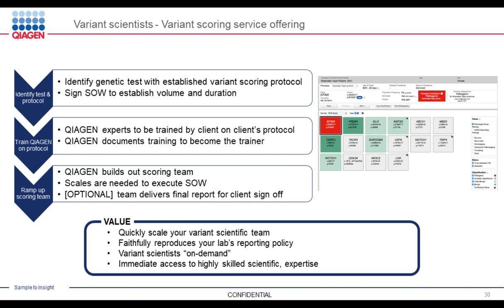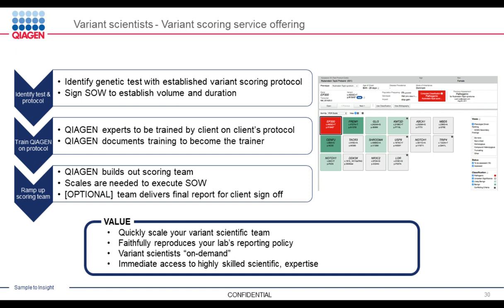We will then train our staff based on your own protocol and your own reporting policy, and then the team will build a variant scoring team that will support your clinical activities, and then deliver a final report for you, for the lab director to sign off. And so the value here is to quickly scale your variant scientific team that faithfully reproduces your lab's reporting policy. It's essentially variant scientists on demand and provides you immediate access to highly skilled scientific expertise.